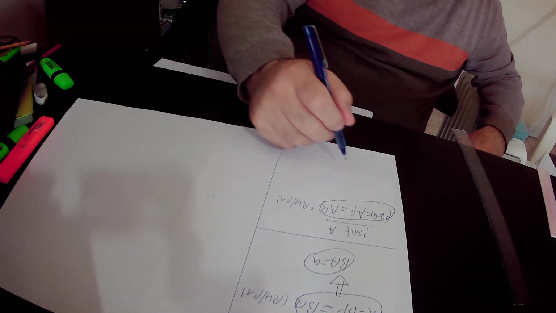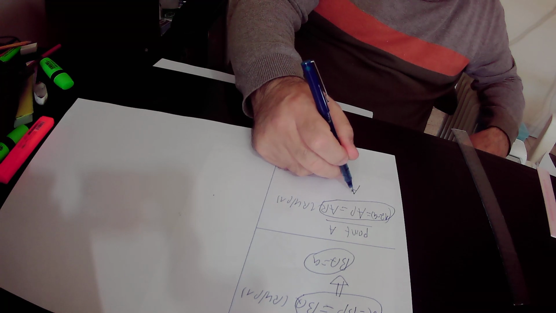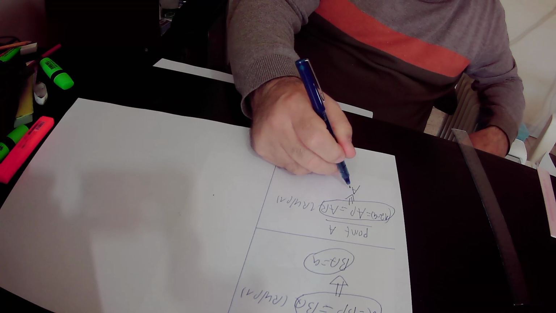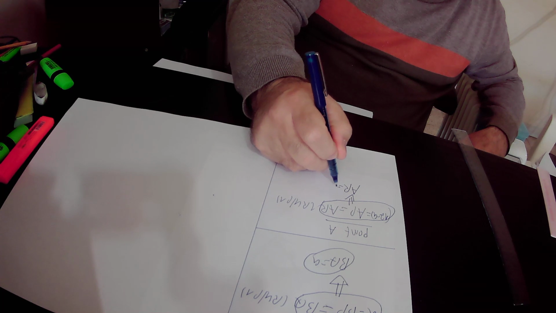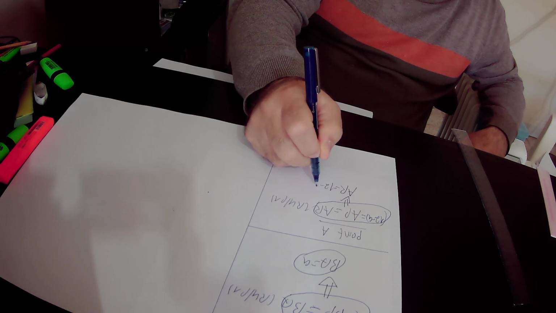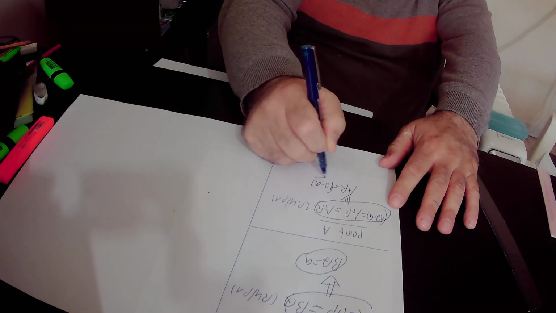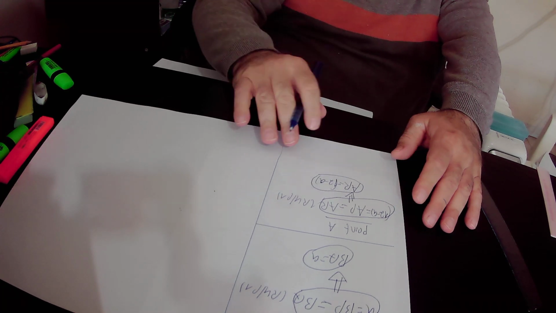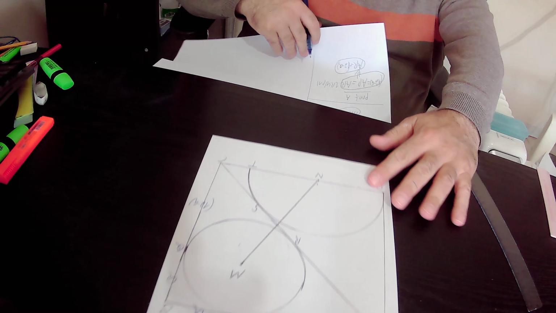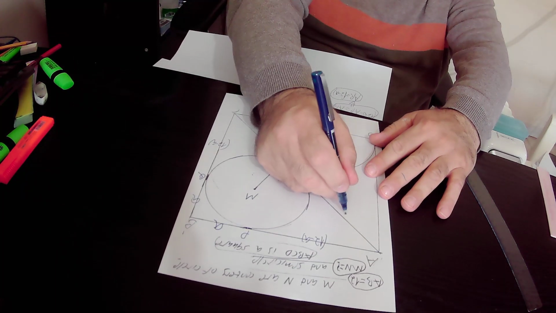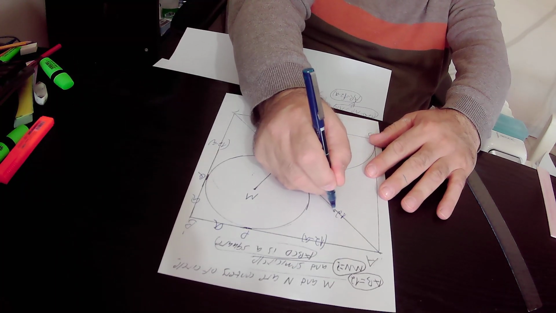We will conclude that AR is also equal to 12 minus A. We can write here that AR equals 12 minus A.